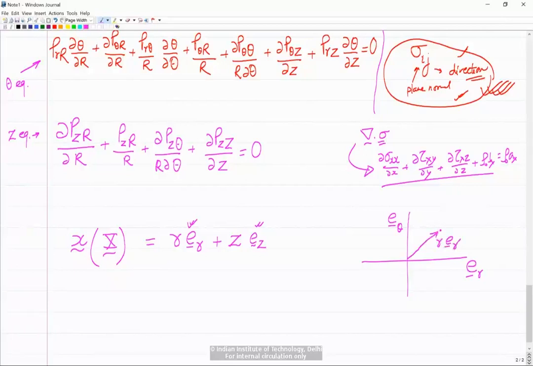It does not have any e theta. Any point can be written as small r e small r. Where is theta dependence hidden? It is hidden in e small r. So e small r is a function of theta, because for different theta, the e_r is going to point in different direction. Okay, so I can make that explicit here. This e small r is a function of small theta.